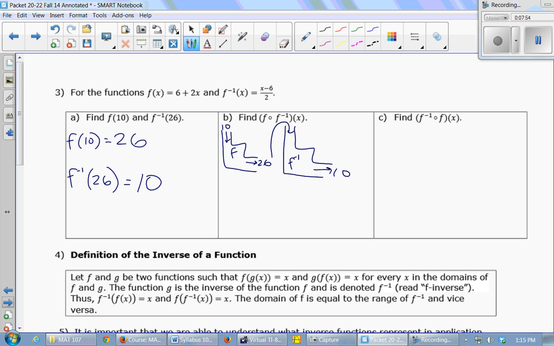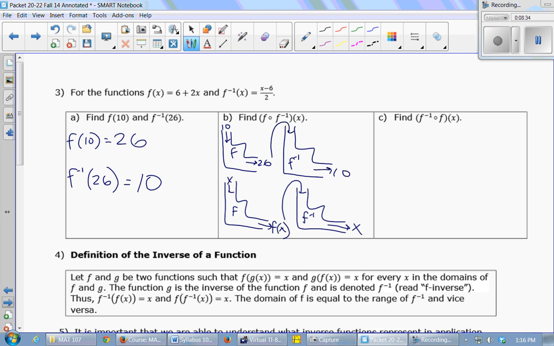So whatever x I put into f, if I run it through both machines, I get that same x back. More generally, I put an x in there, out comes f of x, or some y, some number. If you put that into the f inverse machine, x comes back out. Whatever x you put in, if you run it through both machines, you get x back. So that's f composed with f inverse.